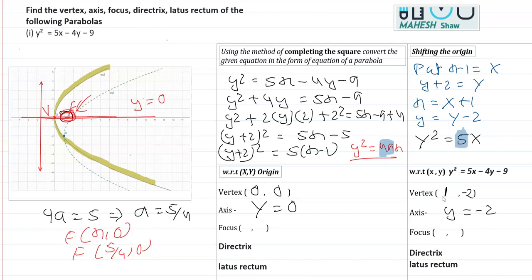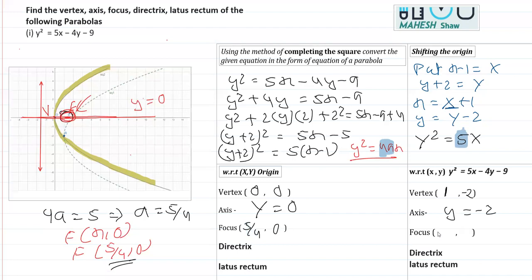Now, once we get the focus, let's write it down here. So we got this focus as 5/4, 0. Now check. Replacing capital X with 5/4, let's see what I'm getting as small x.